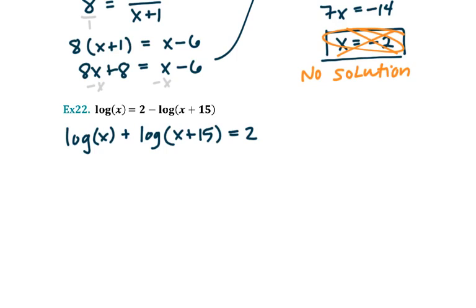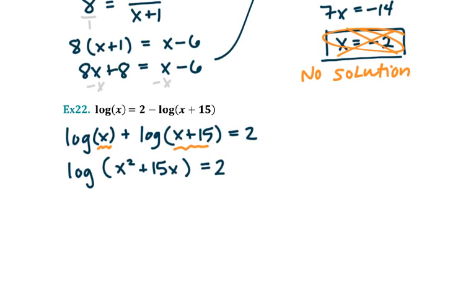Because those two logs have a plus in between them, I'm going to multiply my arguments, which gives me the log of x squared plus 15x equals 2.